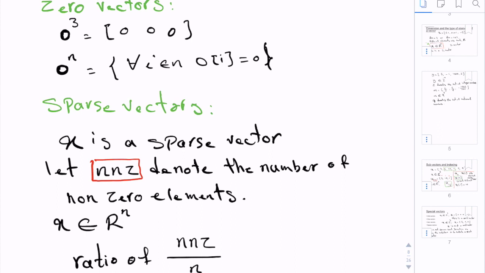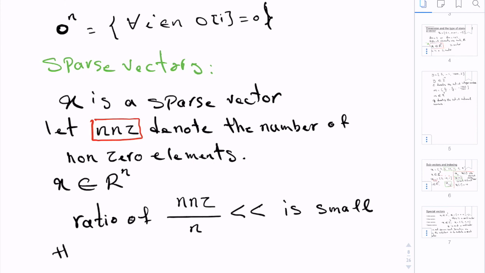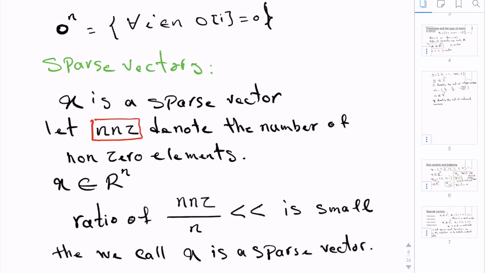If this ratio is small, then we call x a sparse vector.